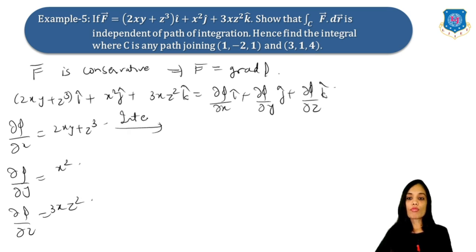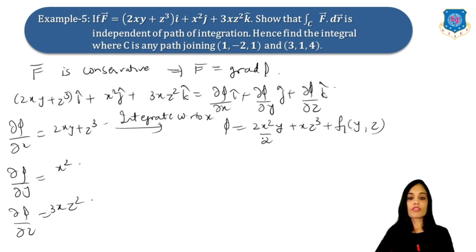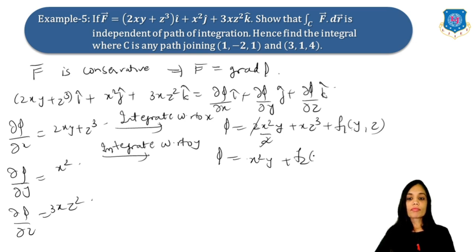Integrate with respect to x, right? Phi is equal to 2 into x square by 2 y plus xz cube plus f1 of y comma z. Similarly, if I integrate this with respect to y, our answer of phi will be x square y plus f2 of x comma z.